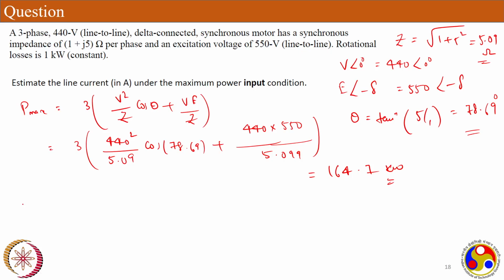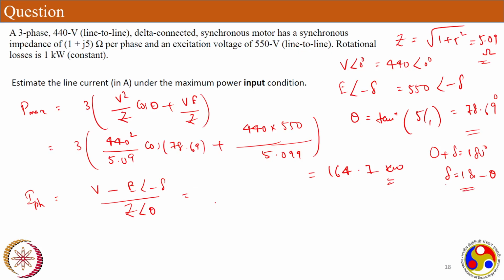Now let's calculate the phase current first. V minus E at an angle minus delta, divided by Z at an angle theta. At this maximum power condition, the condition we have got is theta plus delta should be equal to 180 degrees. Now delta would be 180 minus theta. So you substitute that delta here to get the equation.